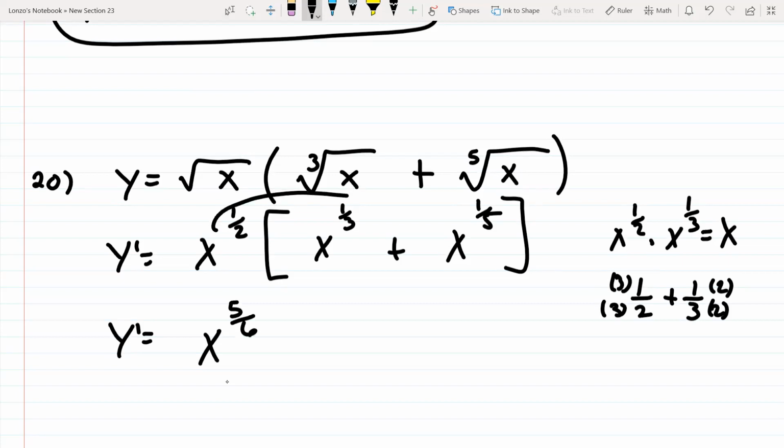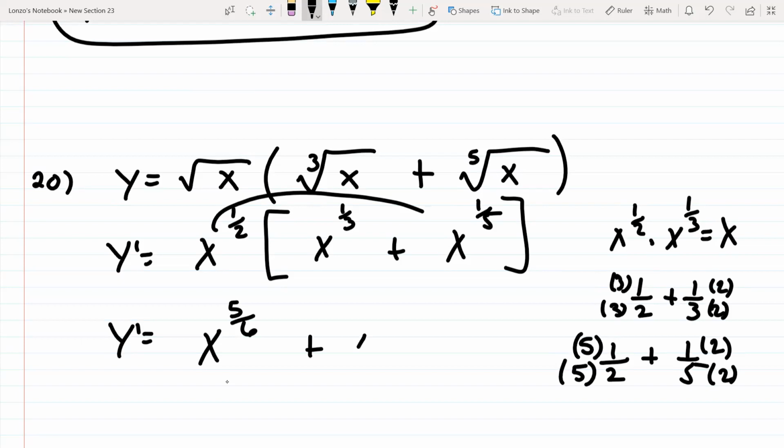And then over here, when you multiply this out, this is 1/2 plus 1/5. So 5 plus 2 is 7, so that's equivalent to plus x to the 7/10.